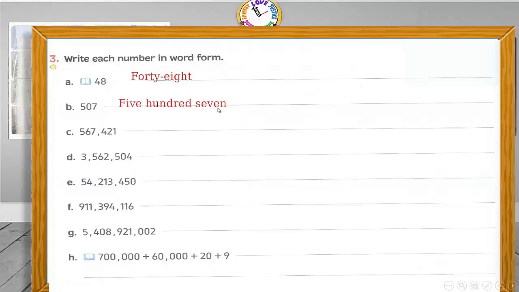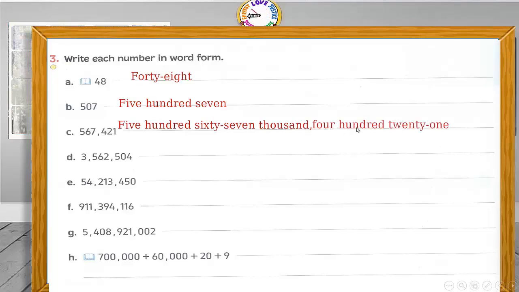Write 507. Here we have 2 periods, 567,000. You should write 567,000. In next period we have 421. So write here 421. Next one, 3,562,504.